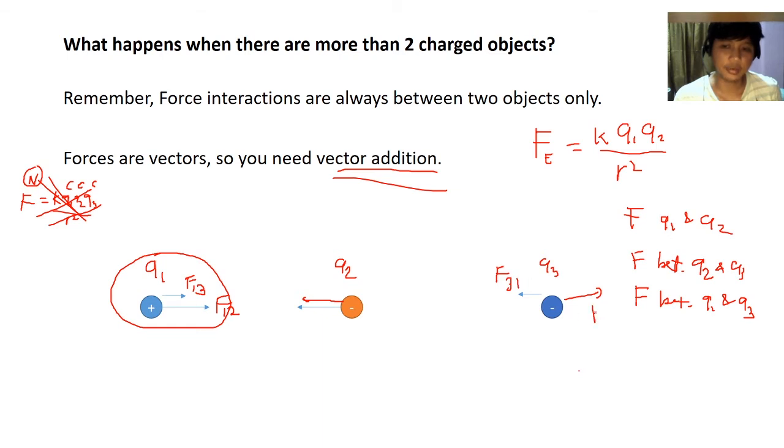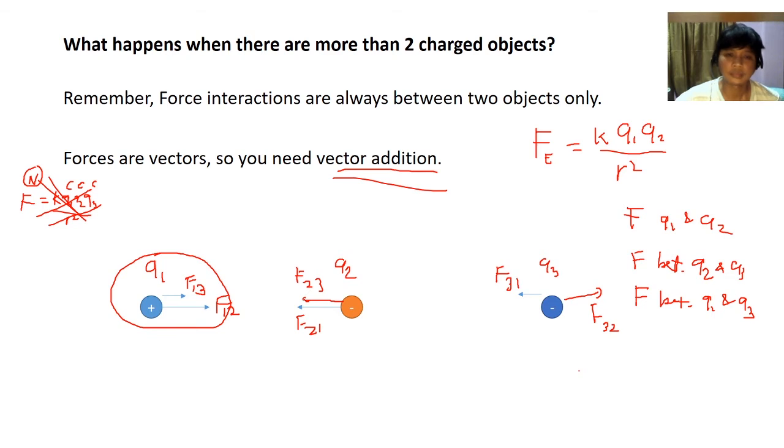And this bigger force to the right is called F3,2. And while we're at it, I'm going to label this other one F2,3. And this one is F2,1. So you need to remember your vector addition.